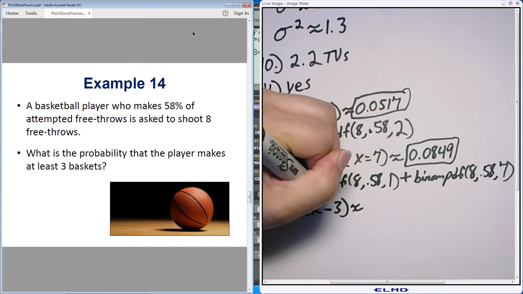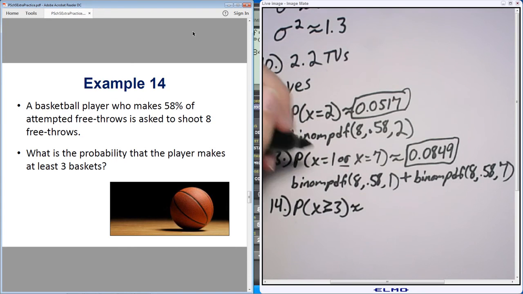So this is greater than or equal to 3. Go to the store and bring back at least 3, I don't know, cases of Dr. Pepper. Greater than or equal to 3 has got to be what we're looking for.